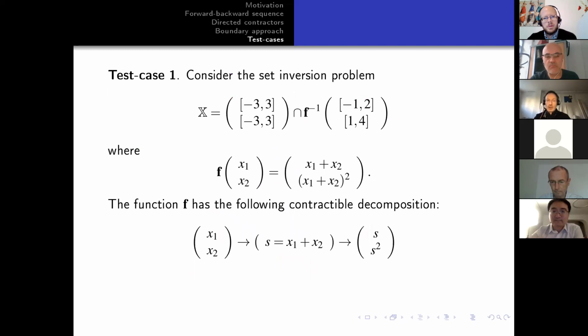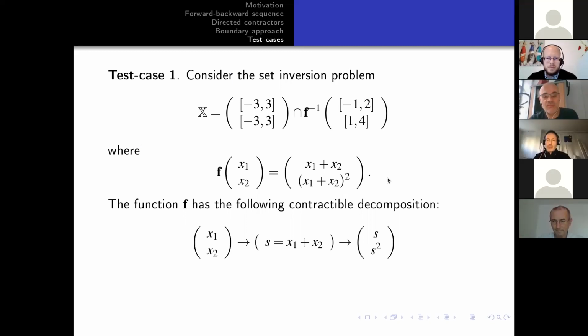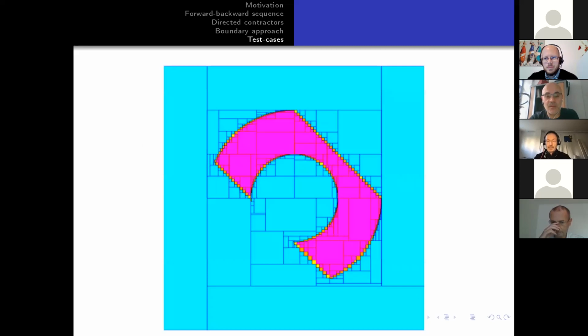It was this one. Yes, it's not linear at all. Also, yes, because you have a square function in the second one, but here you have also square function. Okay. So you have this type of decomposition in both examples. Yes. But manually. Yes.